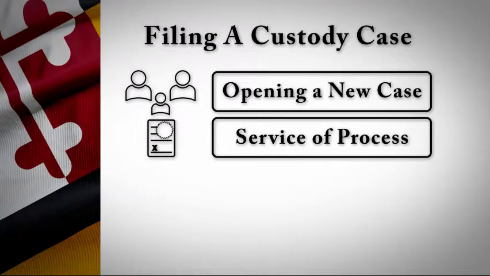You also need to understand service of process. The person filing the initial complaint must provide a copy to the other parent. If you are not a parent and you are seeking custody, you must provide copies to each parent. This is known as service of process, or more simply, service. You are responsible for making sure that the papers are properly served.